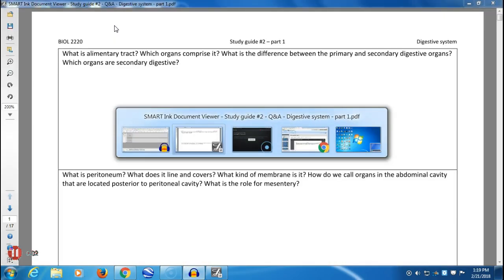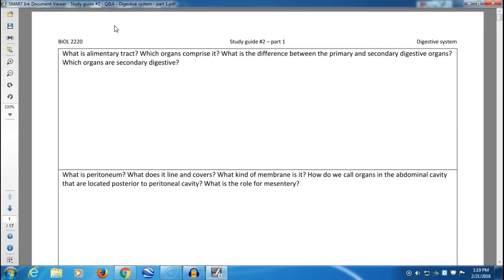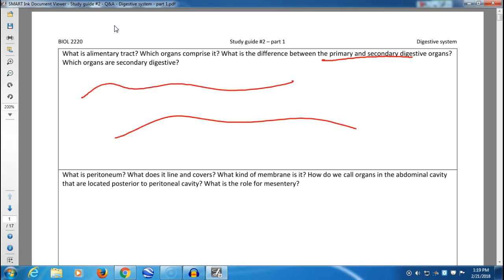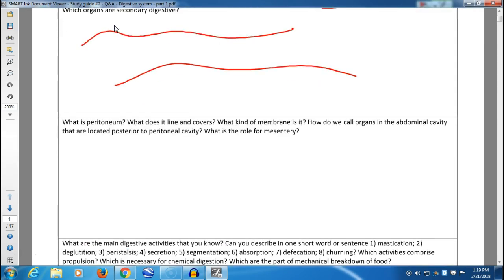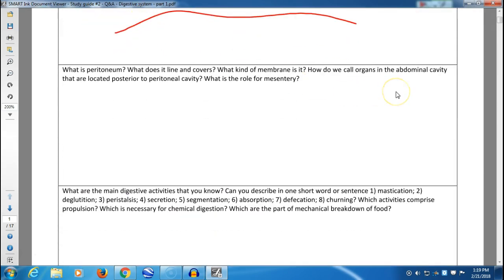About the alimentary tract, please be very clear about the difference between primary and secondary. You're going to get questions about those, right? I'm not going to give you exact things that shouldn't be written here, but know the difference. Peritoneum: understand the difference between visceral and parietal.